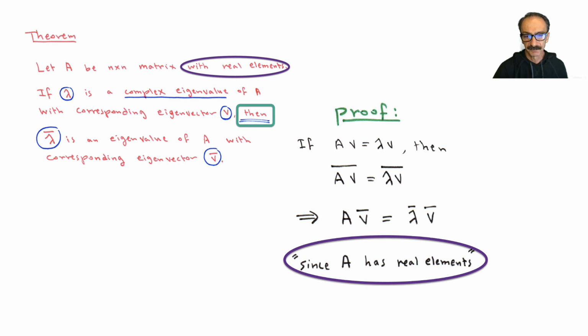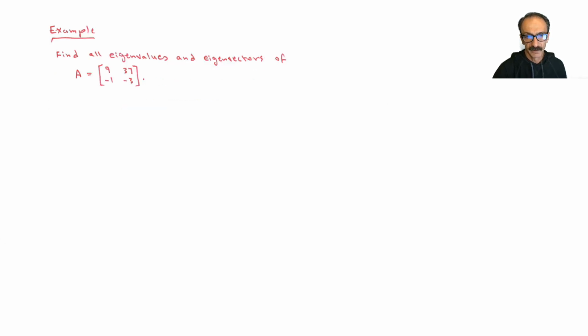Let's take an example. Find all eigenvalues and eigenvectors of A equals [9, 37; -1, -3]. If we know how to start, we find the determinant of (9 minus lambda) and (-3 minus lambda), and we'll move on.